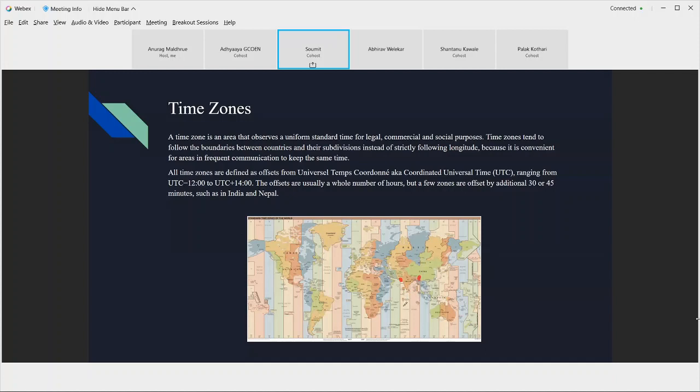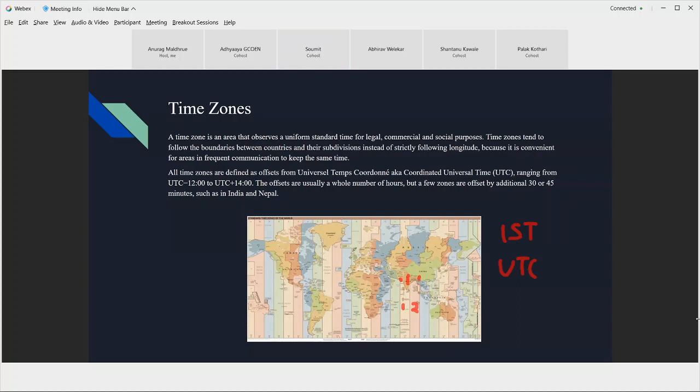But India maintains one single time zone, which is called the IST.